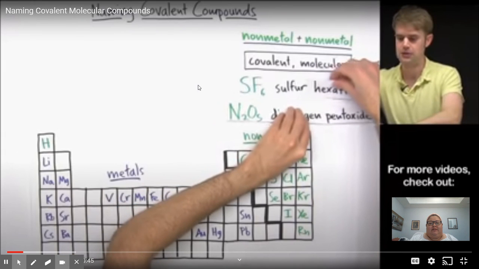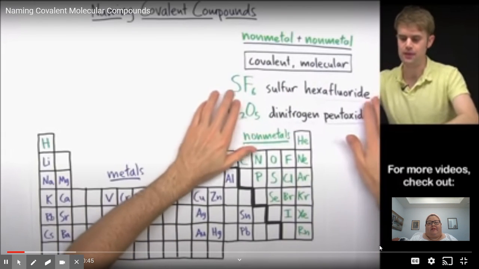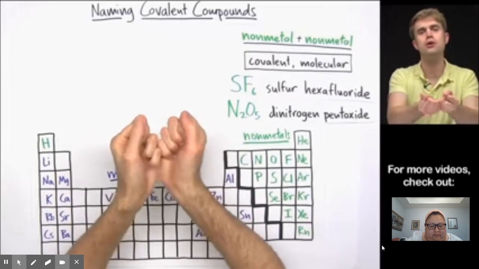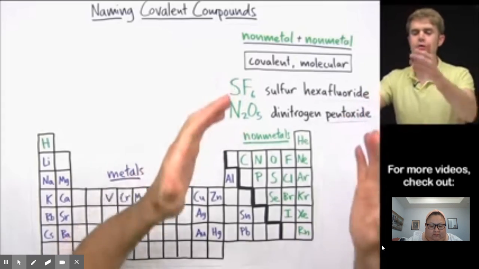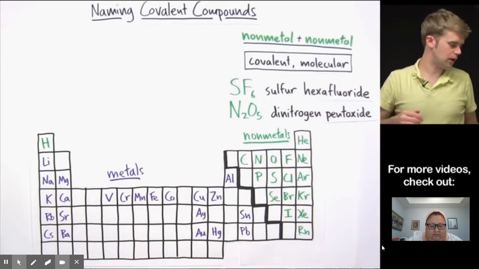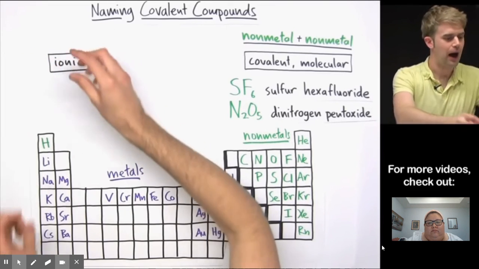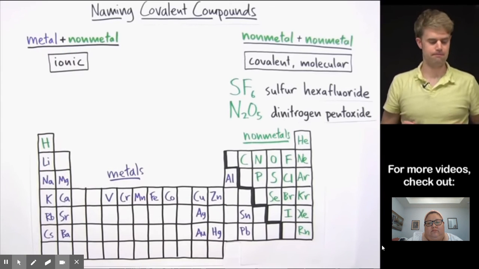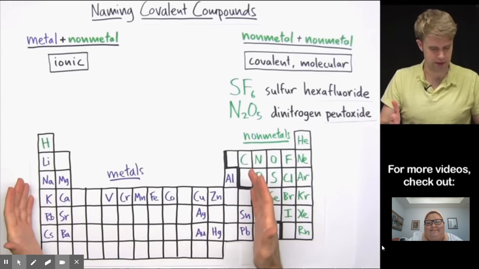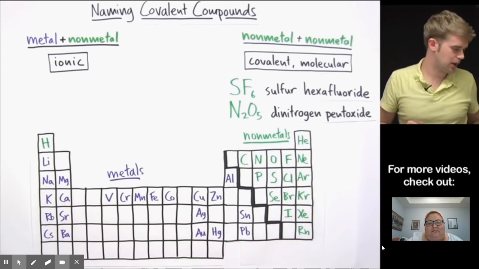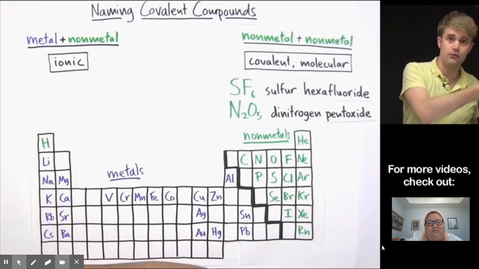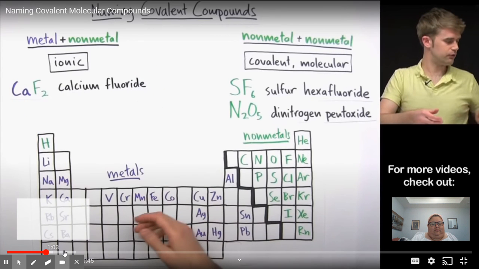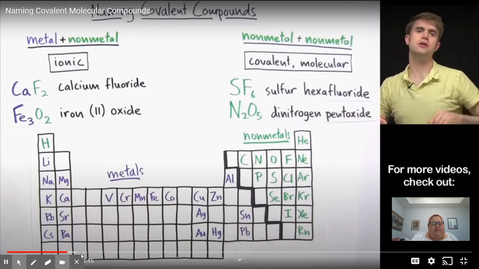That's because the elements in them are held together by covalent bonds, in groups called molecules. The way we name covalent or molecular compounds is different from how we name ionic compounds. Ionic compounds contain a metal and a nonmetal. The metals are the elements here on the periodic table, and I've written in some of the most common. Some examples of ionic compounds and of how we name them are things like calcium fluoride.